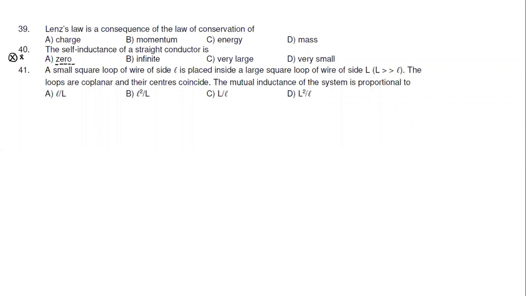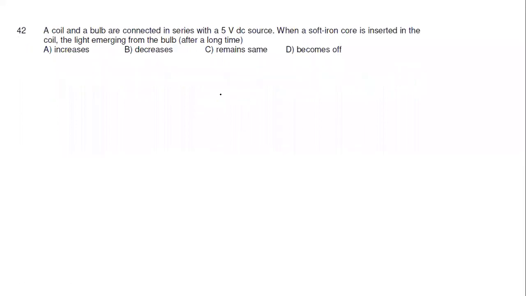I'll talk to some other people about why it comes as 0. In my mind, I'm not clear why it should be 0. I'm very sure it should not be 0, but let me check. For now I'm not explaining it, but in the exam it comes, so for now you can take it as 0.